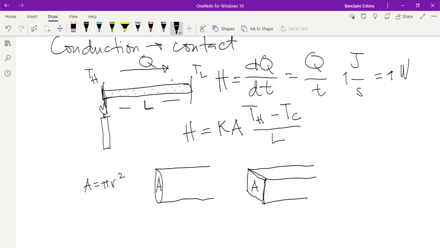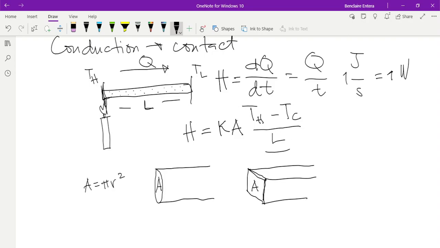So from here until here. Now this one, the difference in temperature, this is the temperature at the hotter region, this is the temperature at the colder region. This whole term, we call this the temperature gradient.